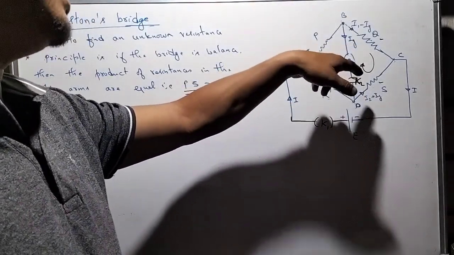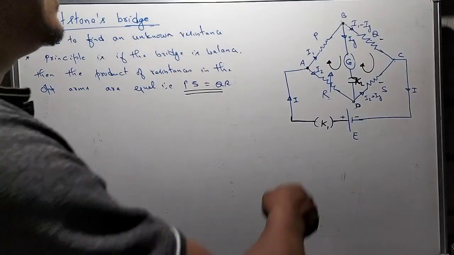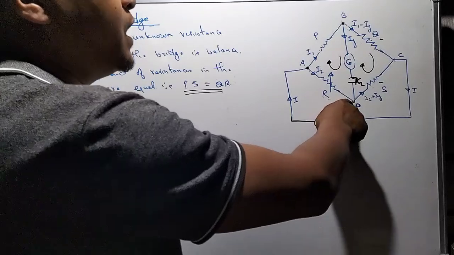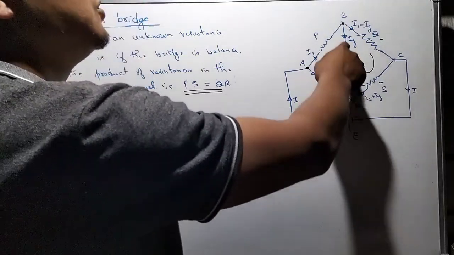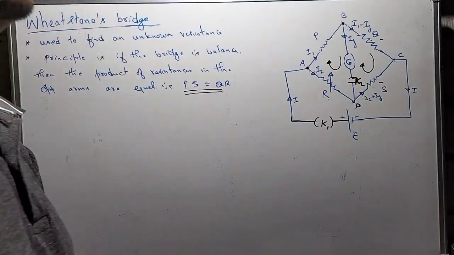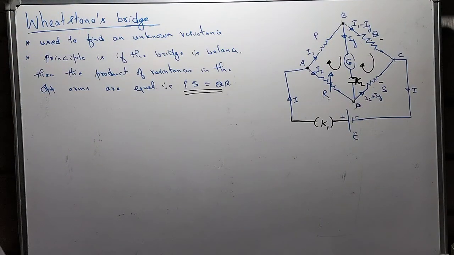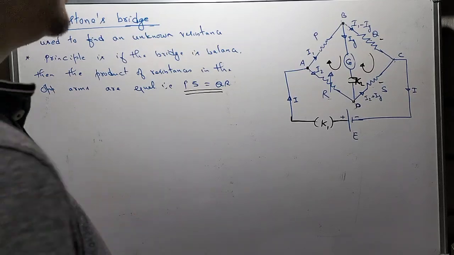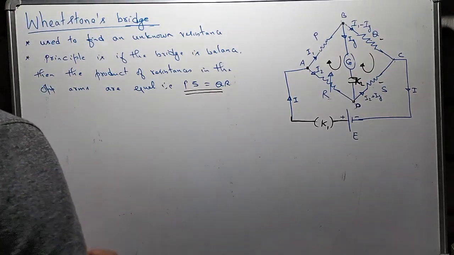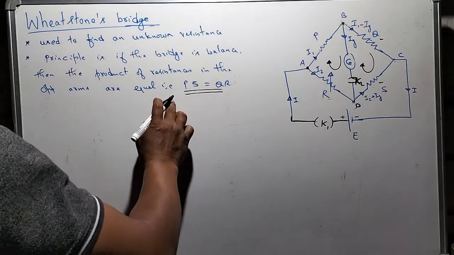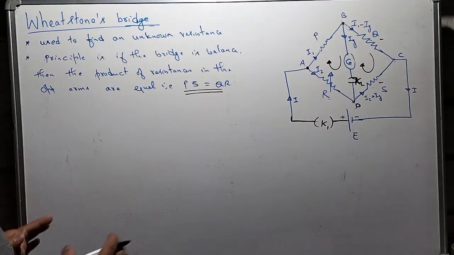In other words, the potential at point B is equal to the potential at point D. So when the potential at two points is the same, there will be no flow of charge or current. So here we shall see about this condition, which is the balance condition of a Wheatstone bridge. This condition is known as the balance condition.